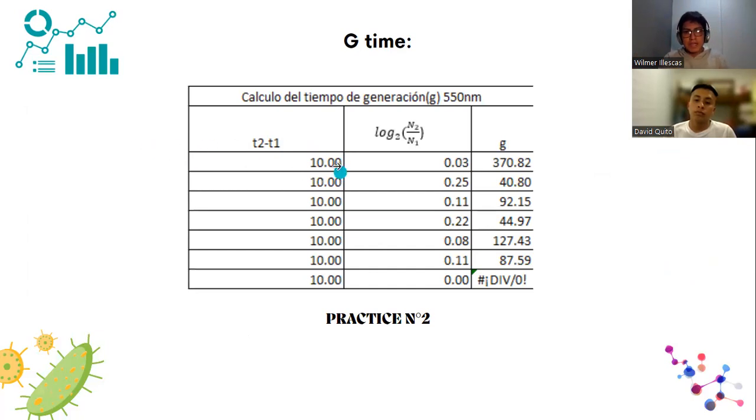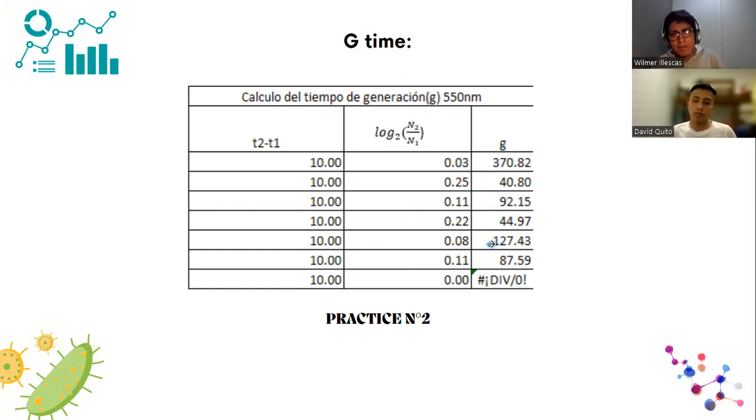In this case, we just have 10 minutes for each because we took the sample every 10 minutes. Then we have to take the logarithm 2 of N2 divided by N1. Then there we have this. Then we have these numbers, and finally the generation time is just the division between T2 minus T1 and the second data. So there we have these examples.